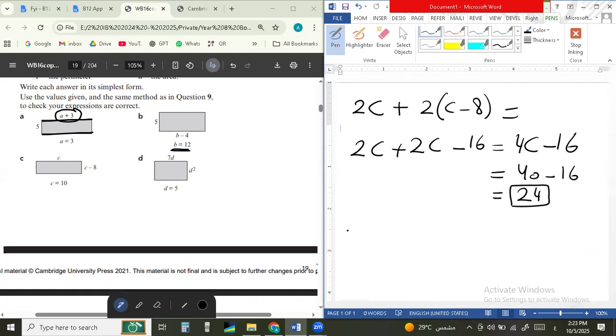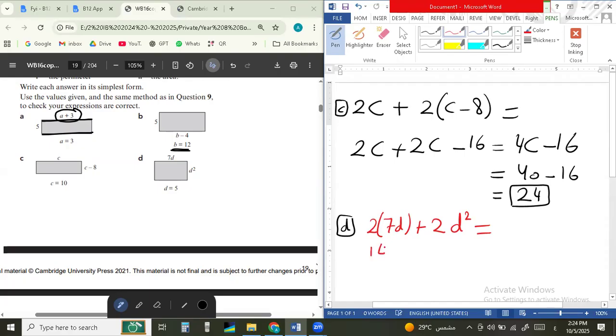The last question here, which is D, this is question C. Question D, I'm going to use a different color. Double the length, which is double 7D, plus double the width, which is 2 times D squared, equals 14D plus 2D squared.